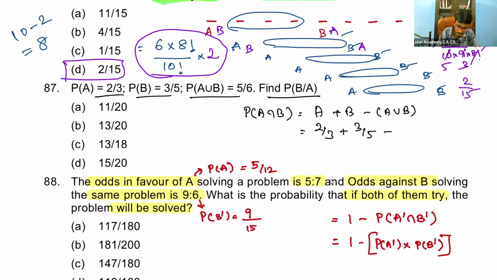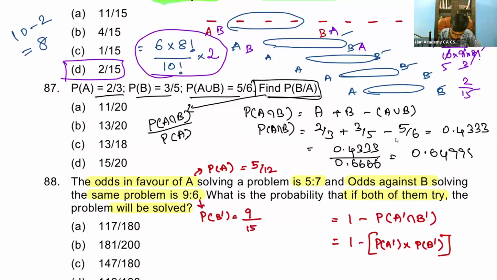This is the value you are getting, right? 0.64995, approximately 0.65. If I go for option checking, I will directly go with 11 by 20. I'm not getting. Then I will go with 15 by 20. 15 by 20 also I'm not getting. 13 by 20. Yes, on 13 by 20 I'm getting. Option B is my answer.